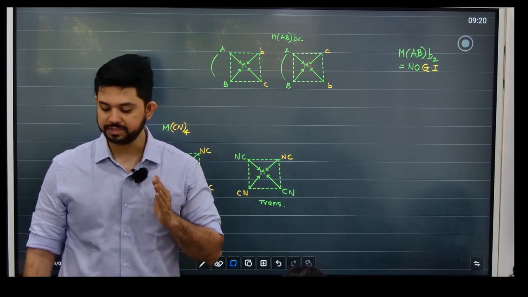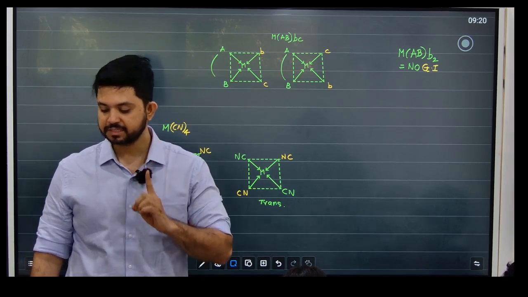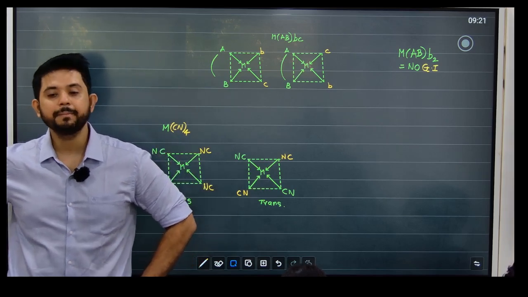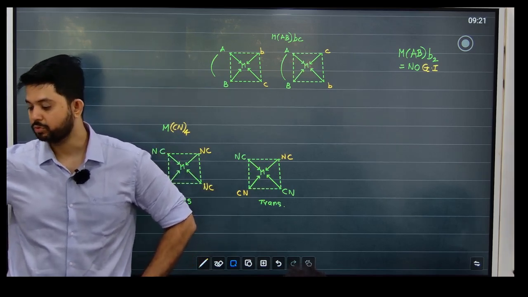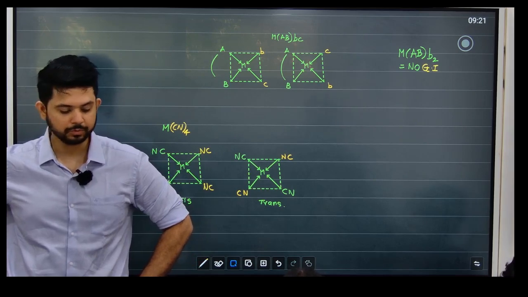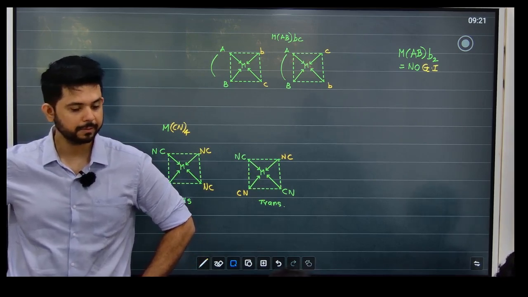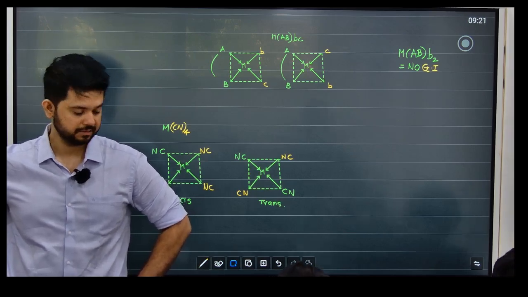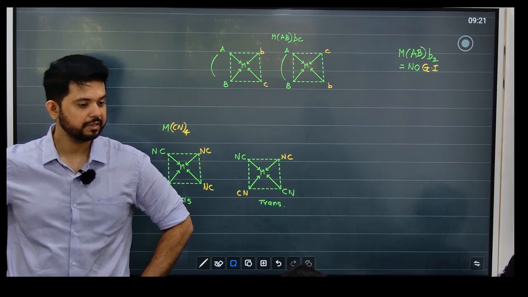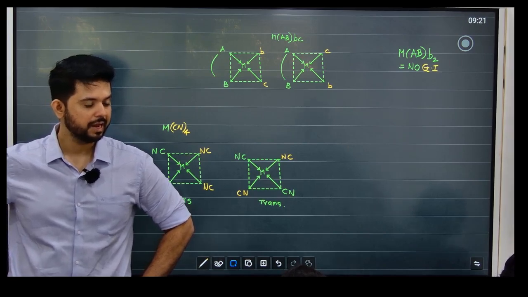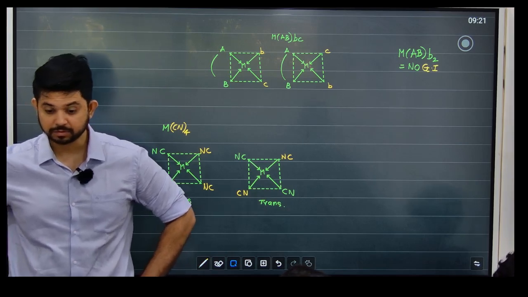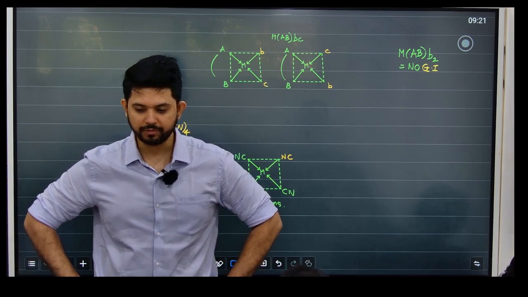Let's go through this once again. Tell me the first compound that we wrote. MA2B2. You can say it by looking. What was the second one that we wrote? MA2BC. Then after that we wrote MABCD. Then what did we write after that?